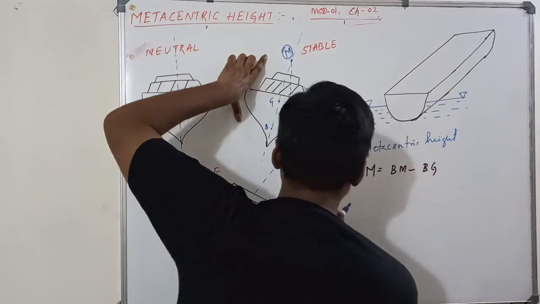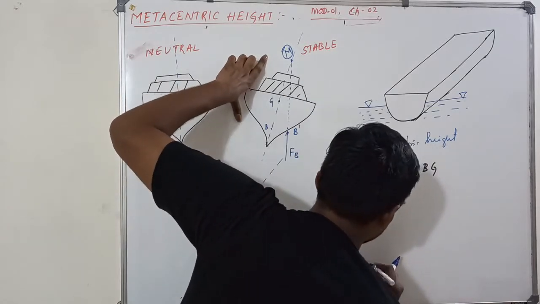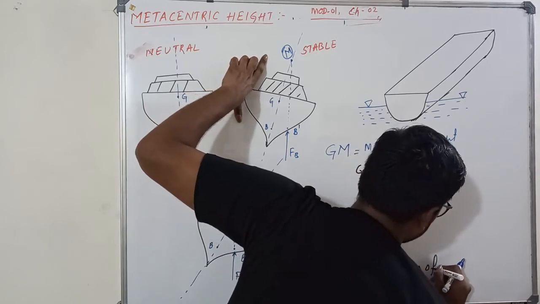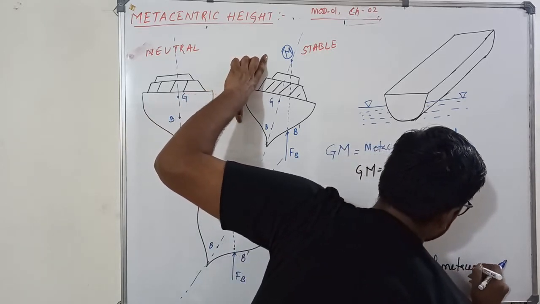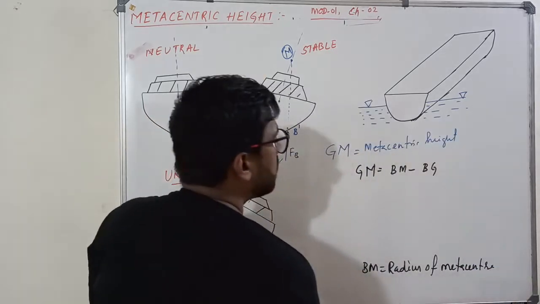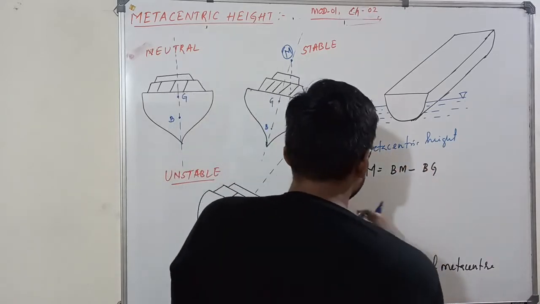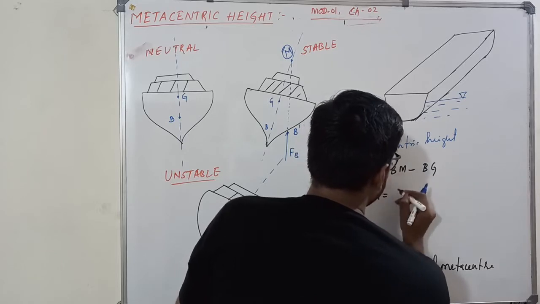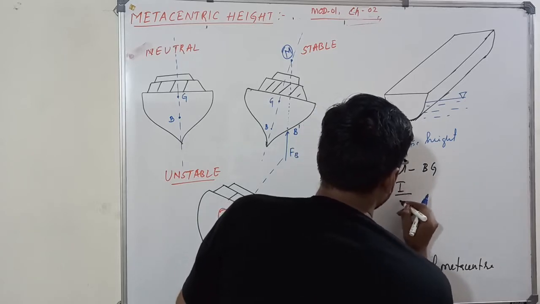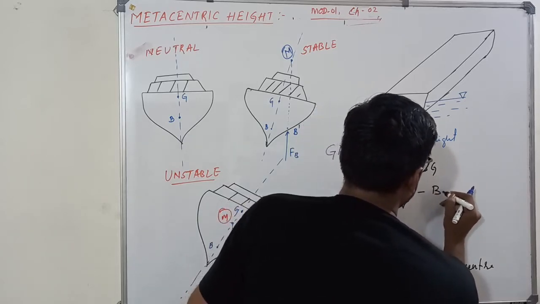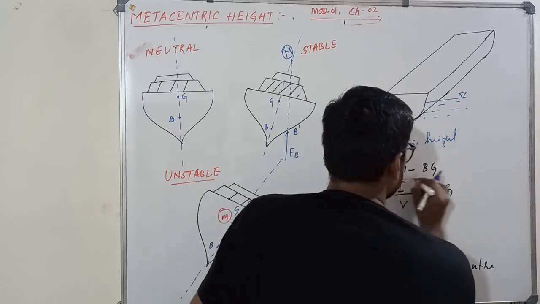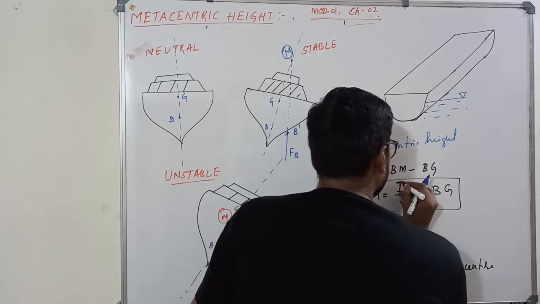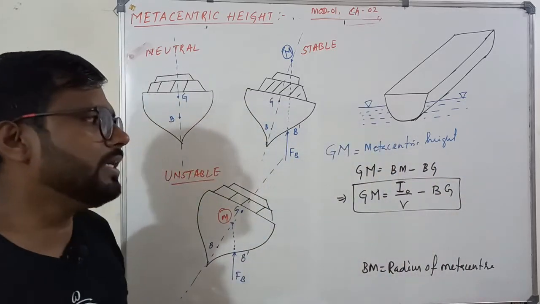So GM equals BM minus BG, and BM value is I naught upon V. So GM equals I naught by V minus BG. This is the formula.